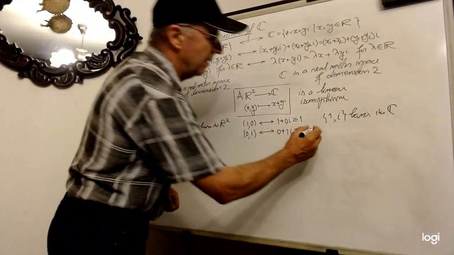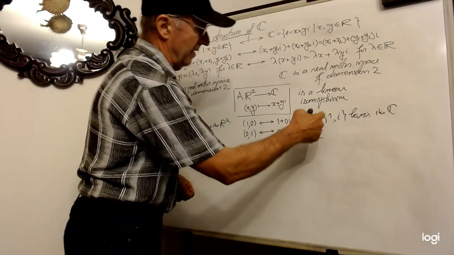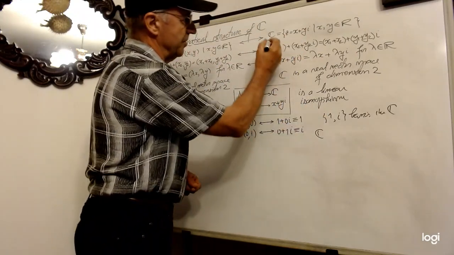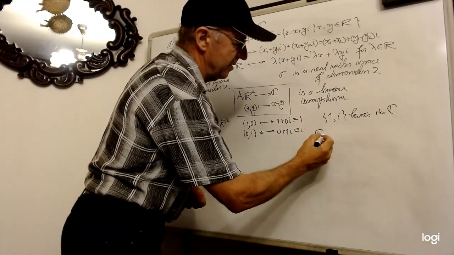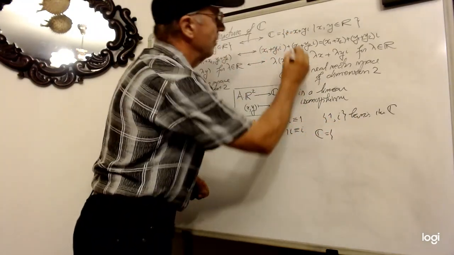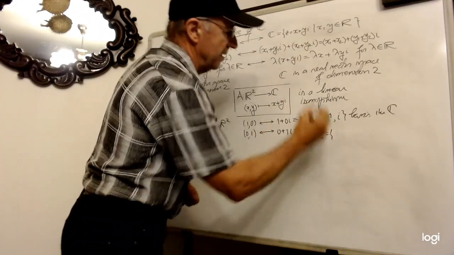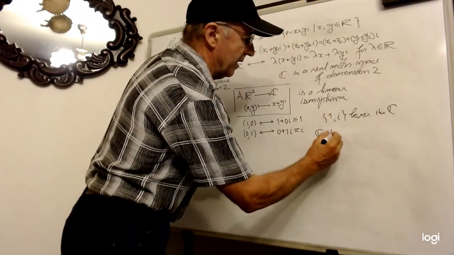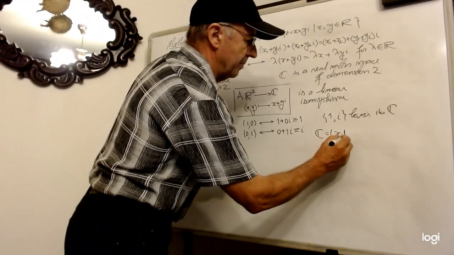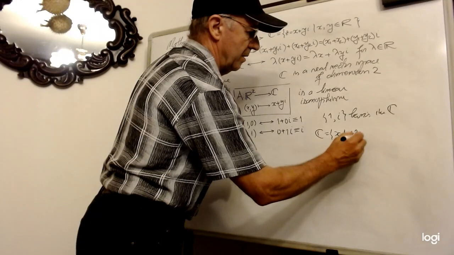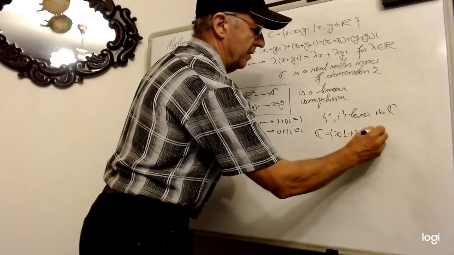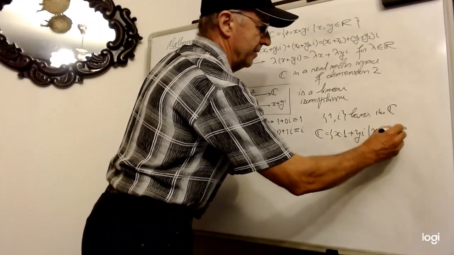This is exactly the representation of the complex numbers in this basis. I shall write once again: here is z, we can consider x times 1, the first vector, plus y times i, where x and y are real numbers.